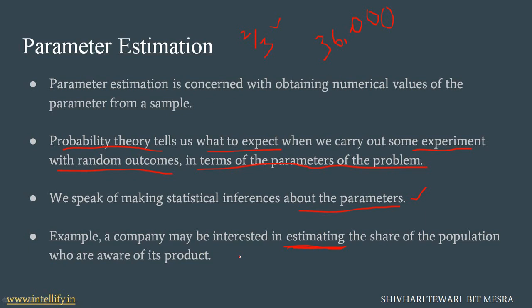In that case, the company will use probability theory to check whether our random outcomes in terms of parameters of the problem will be correct or not, and what we should expect from our sales and from our random data sets. This is how parameter estimation works in statistical inference.